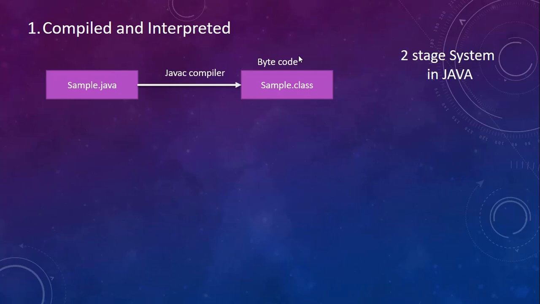Similarly, suppose I am using a 64-bit Spark processor and I am using something like Windows XP, then I must have downloaded the Windows XP 64-bit version. So the JVM that is downloaded along with the JDK will be native to your configuration.